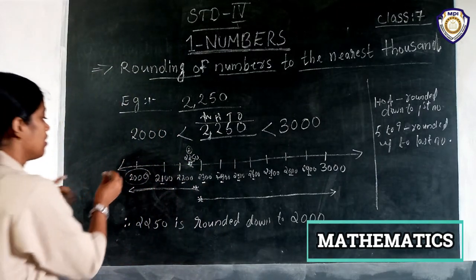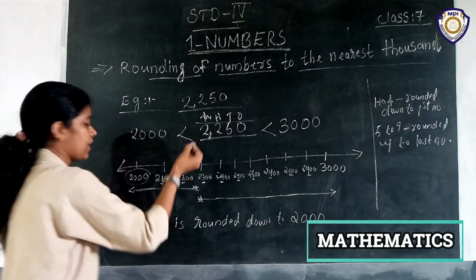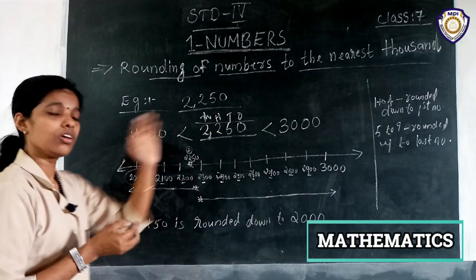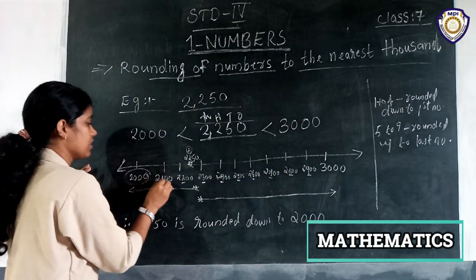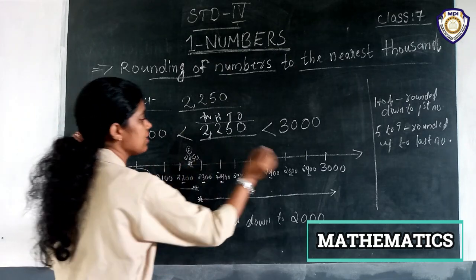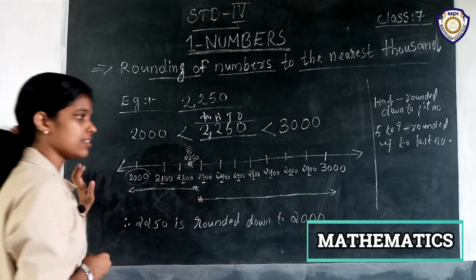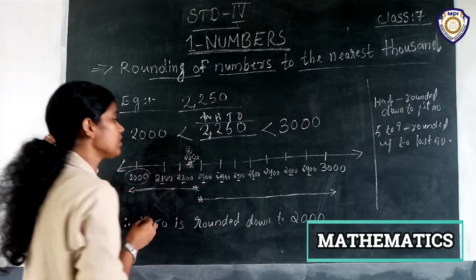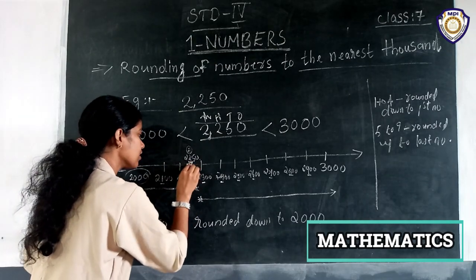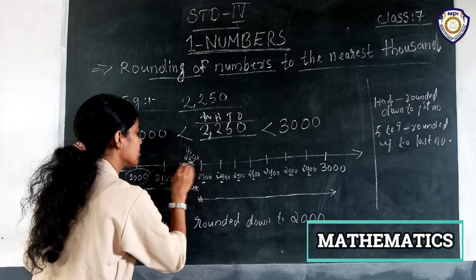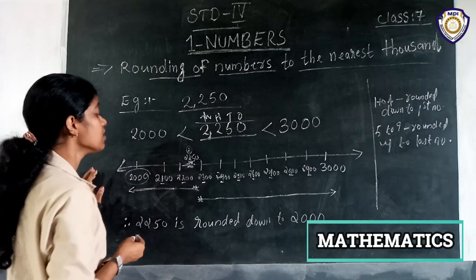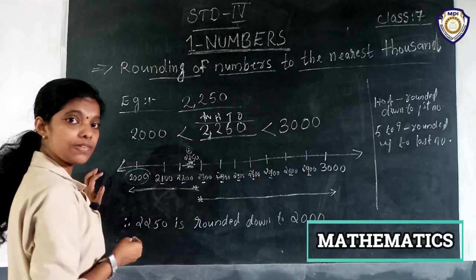Then we draw the number line, 2000 to 3000. 2100, 2200 and last 2900. Then 2250 is here. 2250 lies between 2200 and 2300.